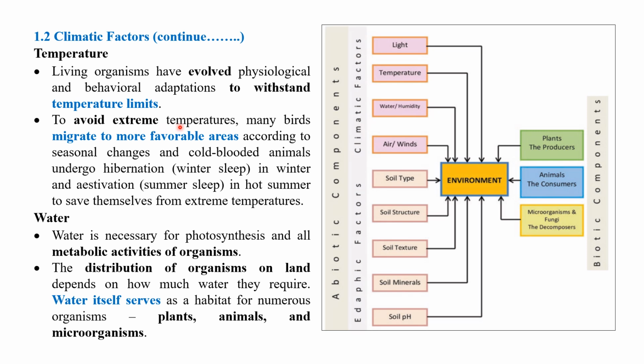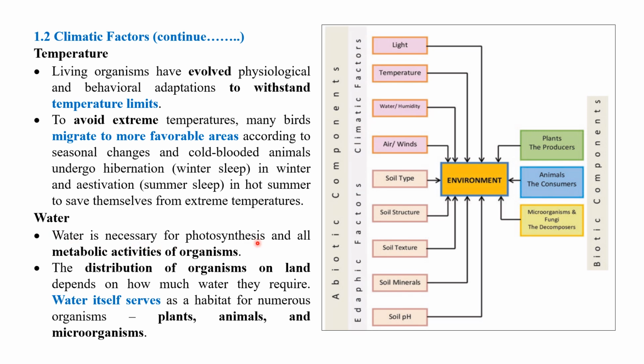To avoid extreme temperatures, many birds, as we know, migrate from one location to another to get to favorable areas according to seasonal changes, and cold-blooded animals undergo hibernation, winter sleep in winter, and estivation, summer sleep in hot summer, to save themselves from the extreme temperature. So we can see how the temperature is going to have impact on the organisms, right? Ultimately, it is going to have impact on the environment.